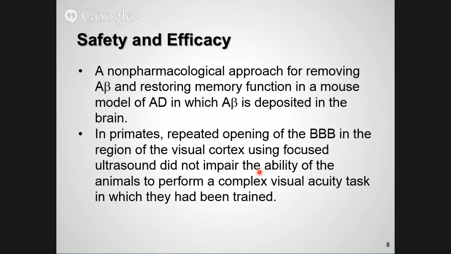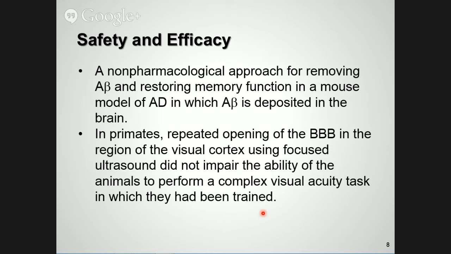Again, suggesting that the introduction of these microbubbles and ultrasound does not cause any permanent damage to any of the neurons or any other structures in the visual cortex that was involved in visual spatial tasks. And these complex visual tasks were not affected at all, suggesting very strongly that this is a safe and efficacious technique.